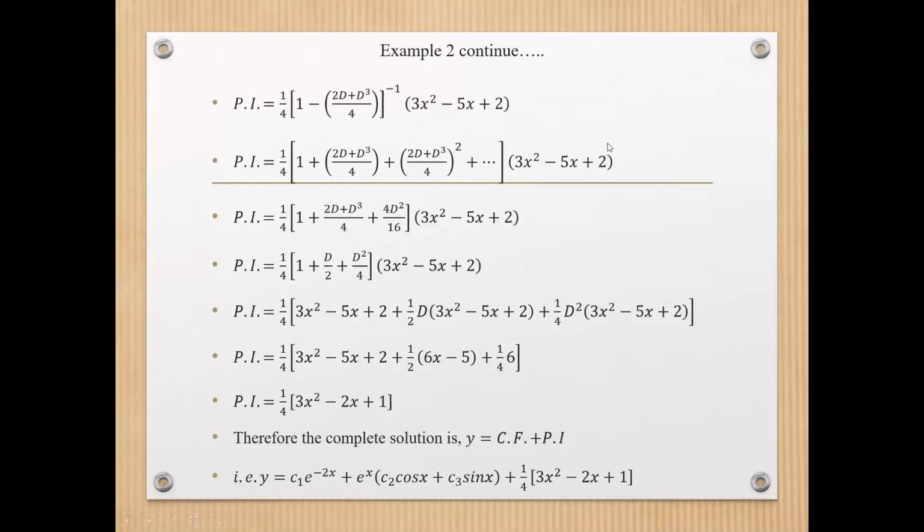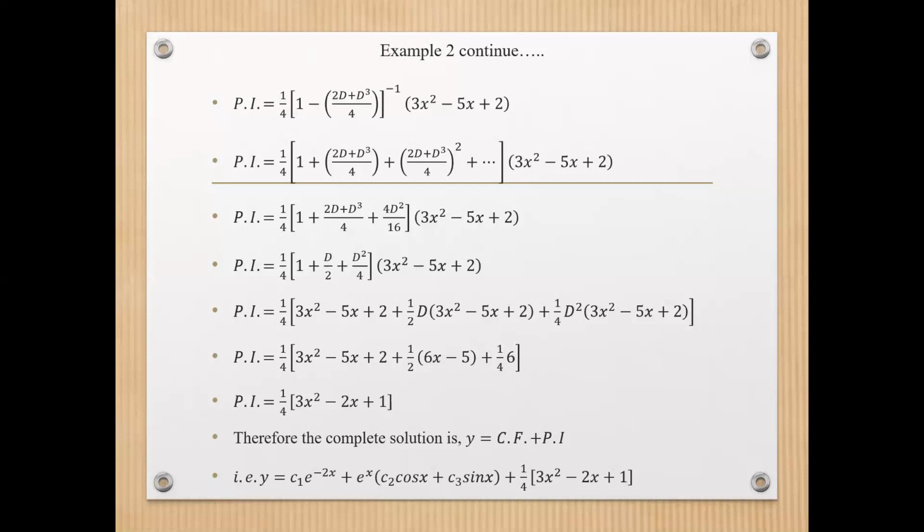Because the derivative of this quantity is 0 from the third derivative, fourth derivative, and so on. That's why I have not taken the power of d larger than 2, that is power 3, 4, 5, 6 and so on.